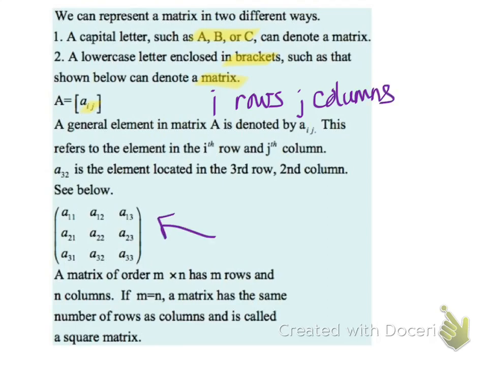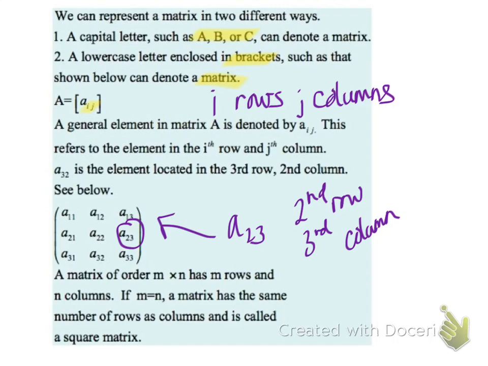So when we're talking about this matrix here, A2,3 is referring to the second row, third column, right? And that's why it's called A2,3. That's important because when we show you some examples, that's the notation we're using. The subscript is not saying we're multiplying things by 2, 3. We're describing a value inside of the matrix that's in row 2, column 3.